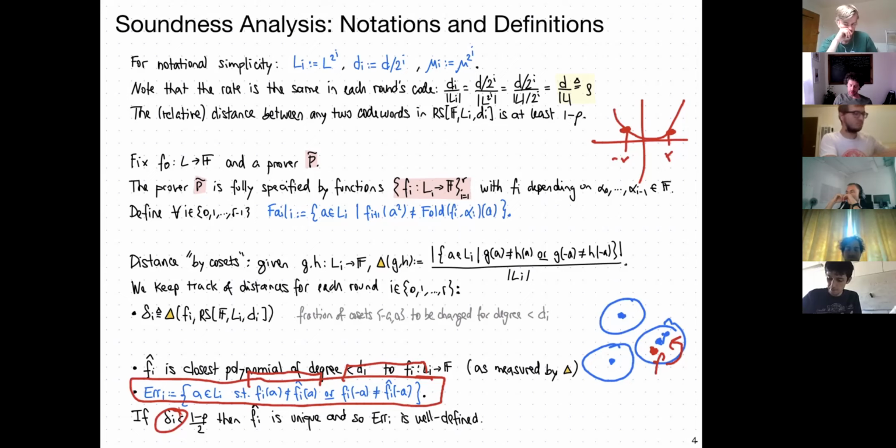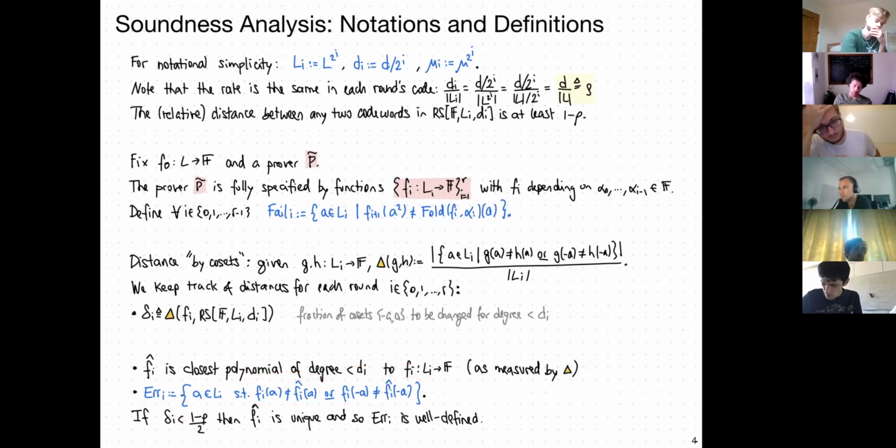Essentially, if delta i is smaller than the unique decoding radius, then there is only one low degree polynomial to which we are closest, and in this case it makes sense to write this f hat. If the distance in the iteration is greater than that, then we might be equally close to two different codewords, and then this is ill-defined. So we'll only use this f hat when we are within the unique decoding radius.